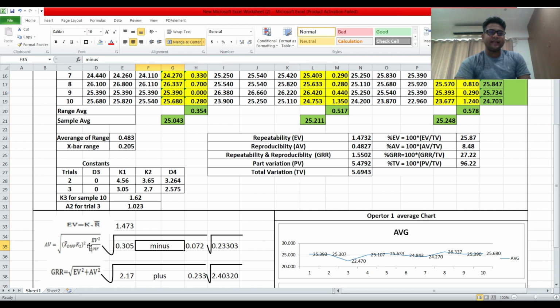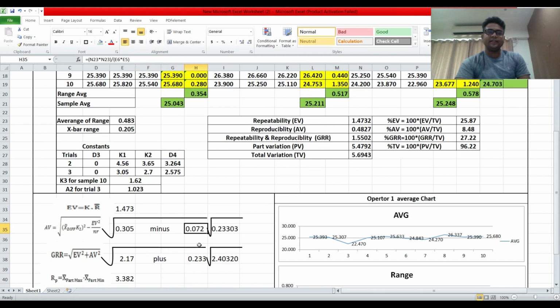Here is minus EV square by NR. EV square, 1.47 square, by NR which is 30, you will get 0.072. The minus of 0.305 and 0.072, here you will get the square root of 0.23303. The square root of this value is 0.4827, the square root of I35.